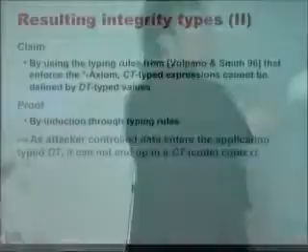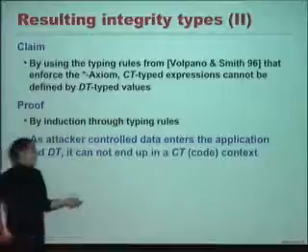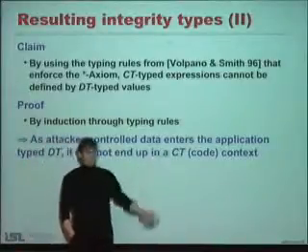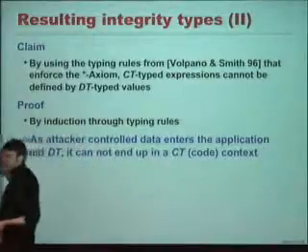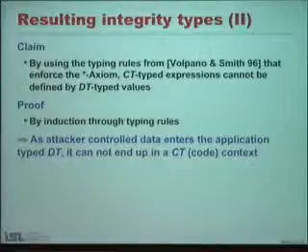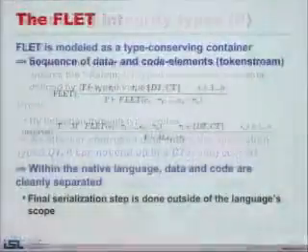And the bottom line is, all data or all values that are controlled by the adversary enter the application through a native data type, and all native data types are implicitly typed with DT, so they can never, in a code context that is typed with CT, be used to instantiate code token elements.